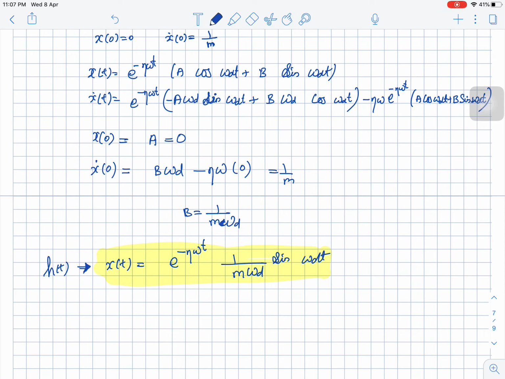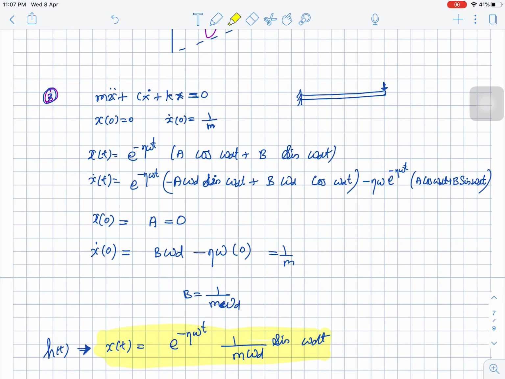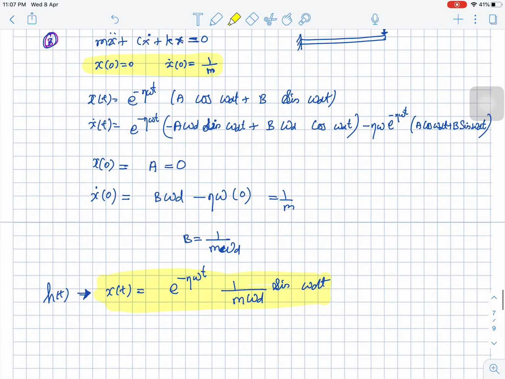That means we can give the impulse in the form of a boundary condition. That is the thing we have to keep in mind. We don't need to solve in a straightforward way, so there are various other ways of getting this impulse response.